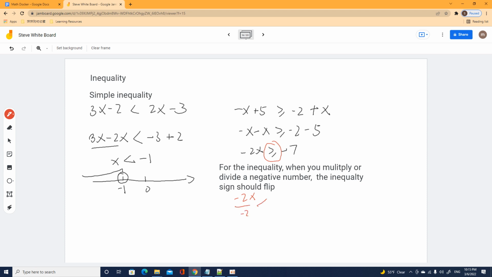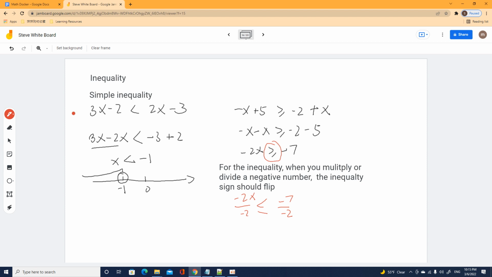Flip means it looks like this. You see, greater or equal becomes smaller or equal. So that is very important. Some of our friends always make this mistake.